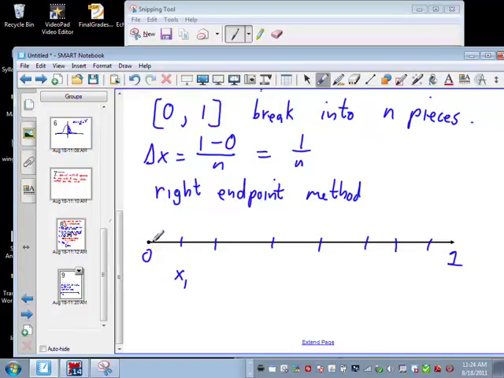Here's 0. 1 over n distance. What's this number? 1 over n. And if I go another 1 over n, this is 2 over n. This is 3 over n. 4 over n. And that's n over n, which is 1. x1 is 1 over n. x2 is 2 over n. x3 is 3 over n because I'm using the right endpoint method.